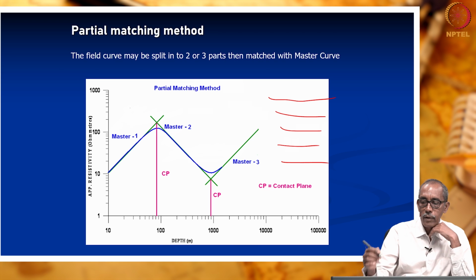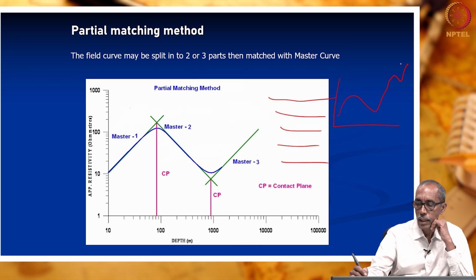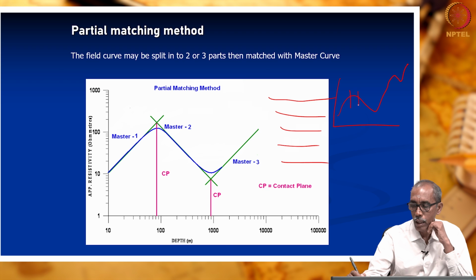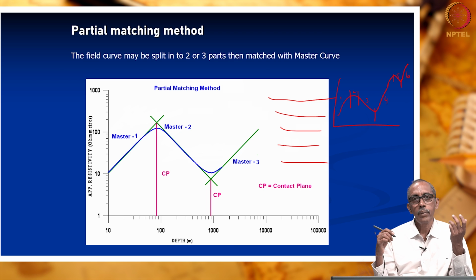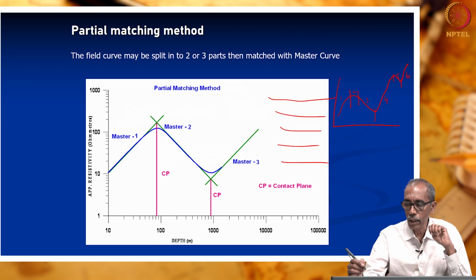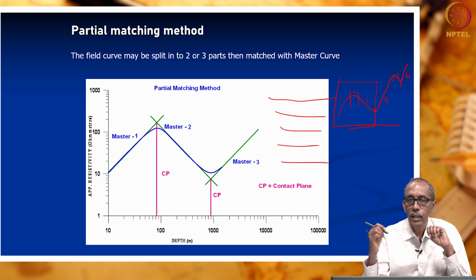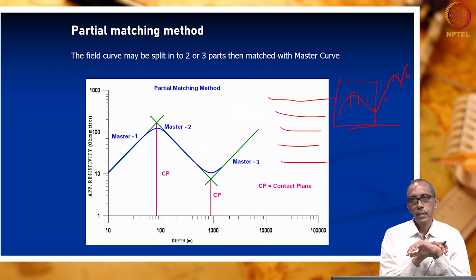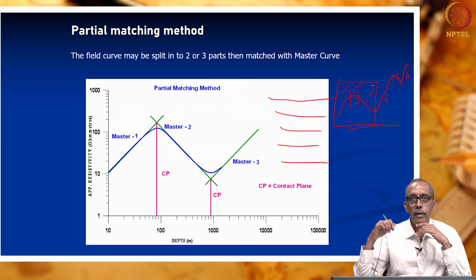That means, if this is the field curve which I have got, these are the layers. I mark this 1, 2, 3, 4th layer, then this is 5th layer, 6 layers are there, but our type curves are only for 3 layers. So, what I do, I can take only this part of the curve and match it with the theoretical curve and determine the thicknesses of layer 1, layer 2, layer 3.